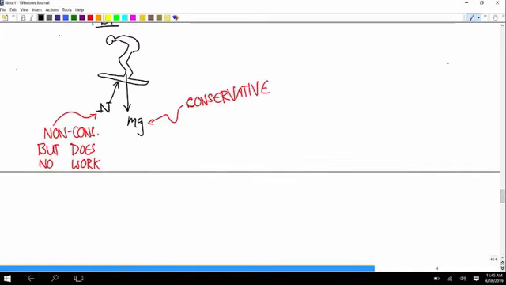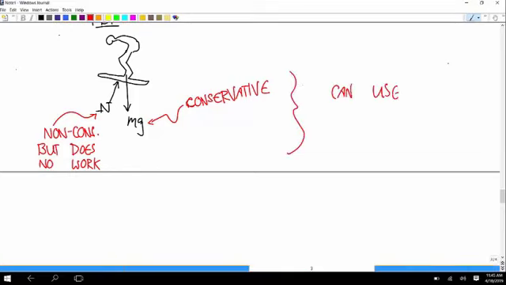And so because of these, we can use conservation of mechanical energy.